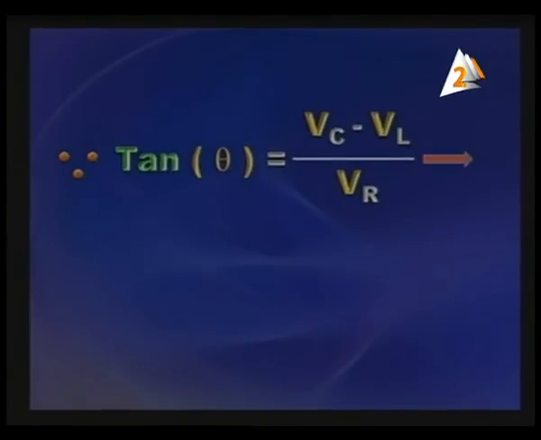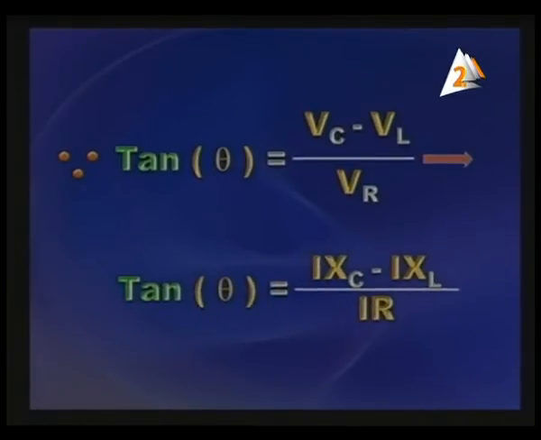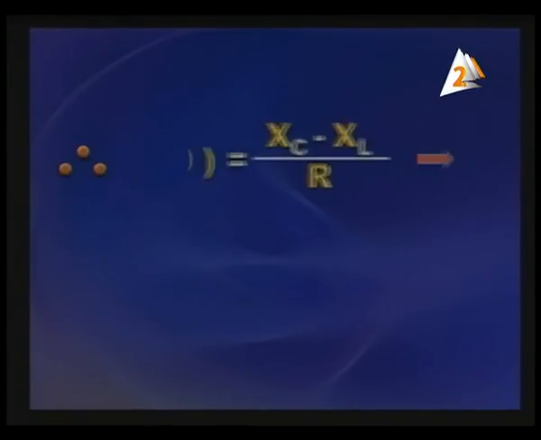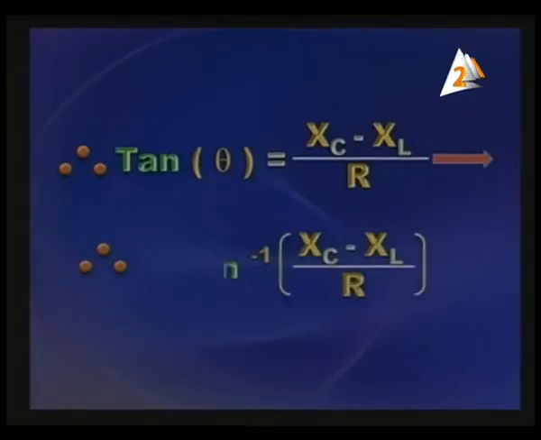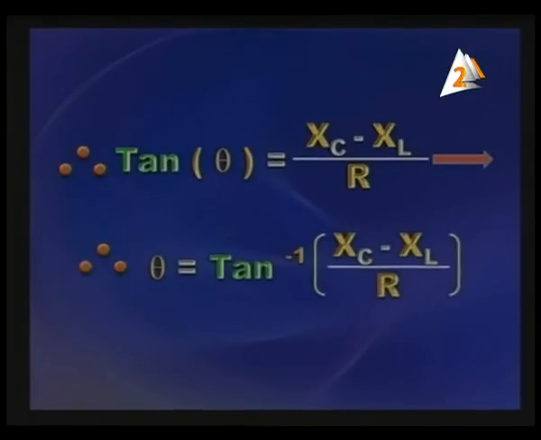So tan theta equals VC minus VL over VR, and of course it is equal to IXC minus IXL over IR, and the current will be crossed out. So tan theta equals XC minus XL over R, and in this way we've managed to obtain the value of the angle itself.